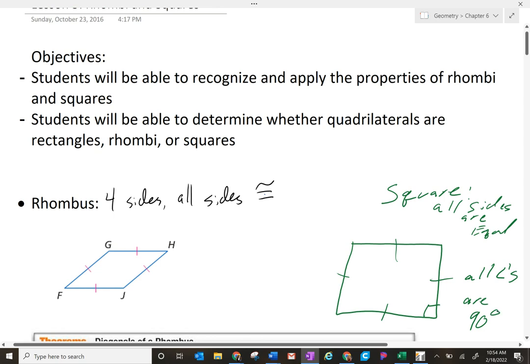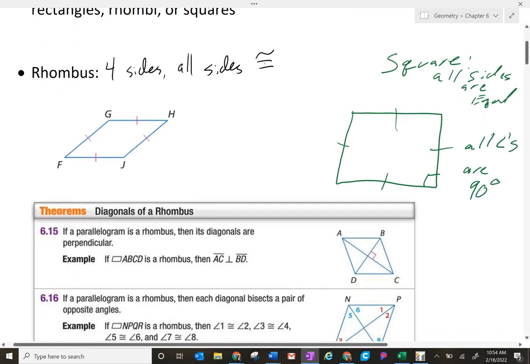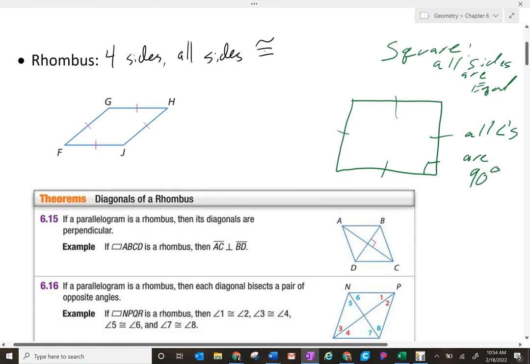In a rhombus, just all sides are going to be equal. If all the sides are equal, it also makes it a parallelogram, which is why it fits into the chapter called parallelograms.